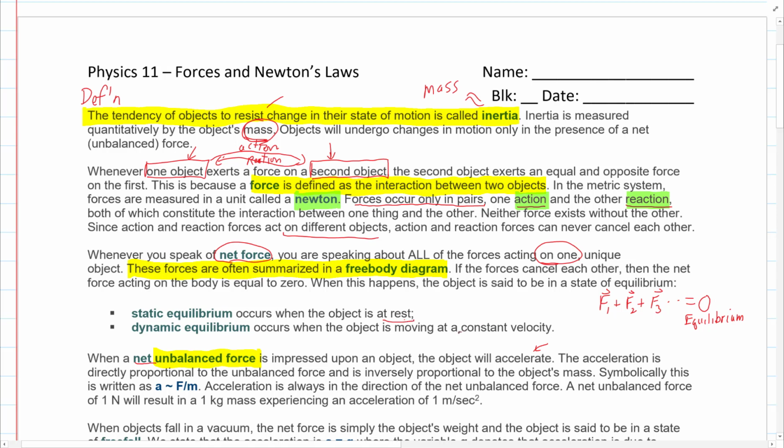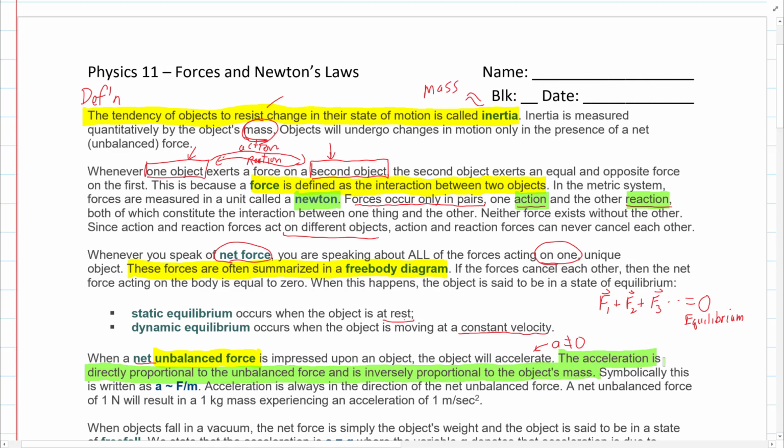The acceleration is proportional to the unbalanced force and inversely proportional to the object's mass. I'm going to do this one in green because some people will want to have that memorized. This is math speak, so you don't need to have it, especially the words inversely proportional. Symbolically, this is written as a is proportional to F divided by m.